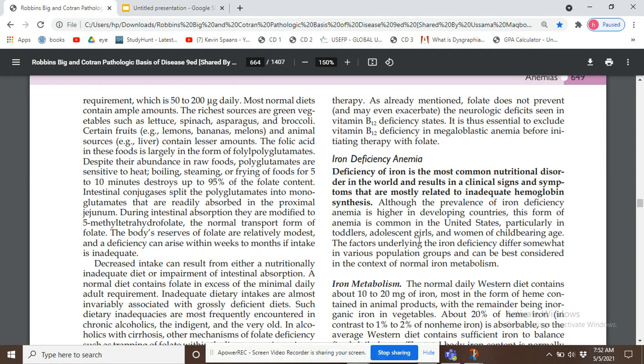This form of anemia is common in the United States, particularly in toddlers, adolescent girls, and women of childbearing age. The factors underlying the iron deficiency differ somewhat in various population groups and can be best considered in the context of normal iron metabolism.